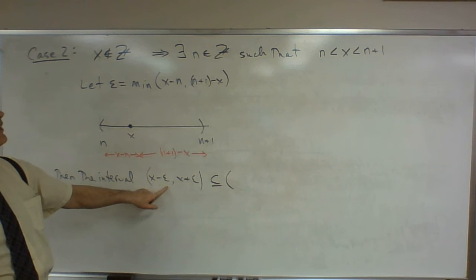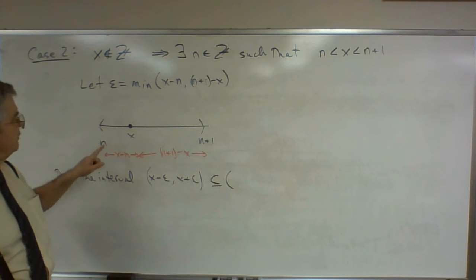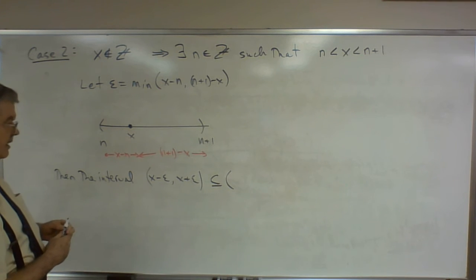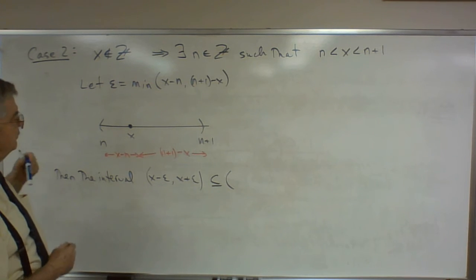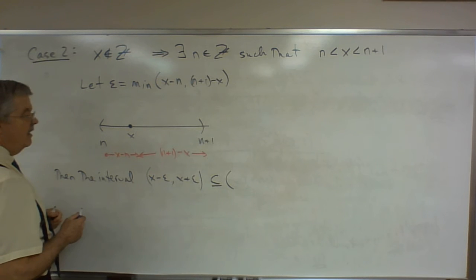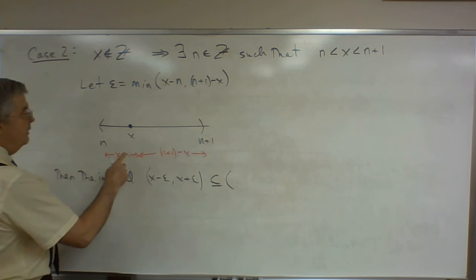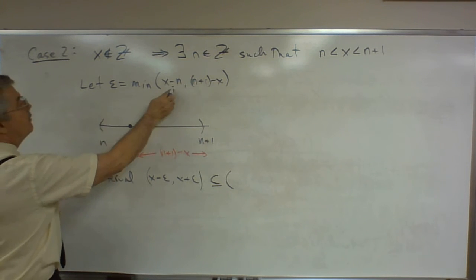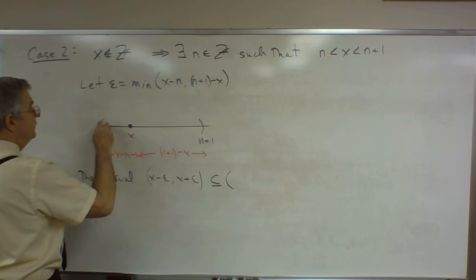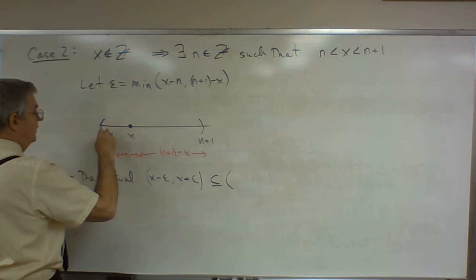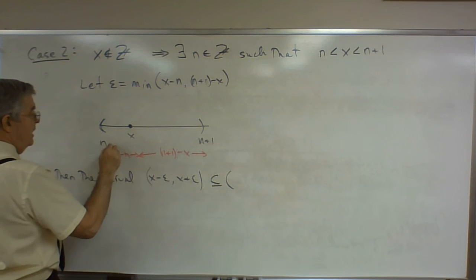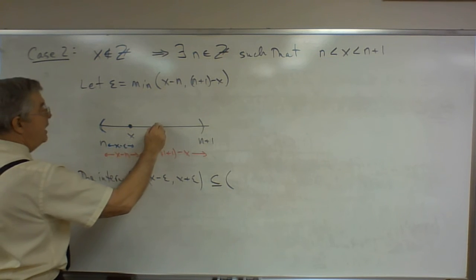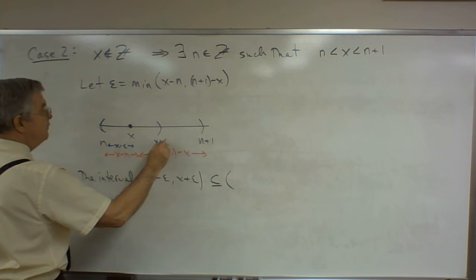This interval has to be contained in the interval from n to n plus 1. And just to show this, in this case, x minus n is the smaller of these two. So here's x minus epsilon, and here's x plus epsilon.